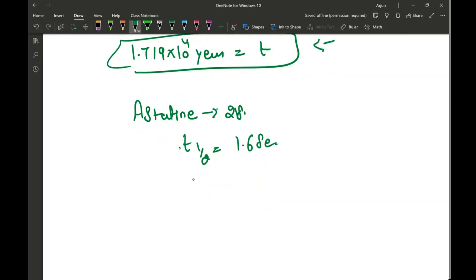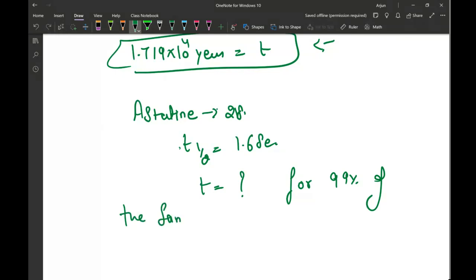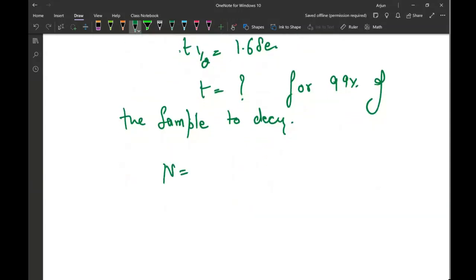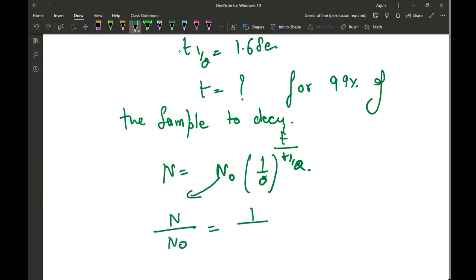So we wanted to find the time period for 99% of the sample to decay. All right, so I'm going to write the formula N equal to N0 (1/2)^(t upon t half). This is the formula we were using, and I'm going to move this on the other side. So N upon N0 equal to (1/2)^(t divided by t half).